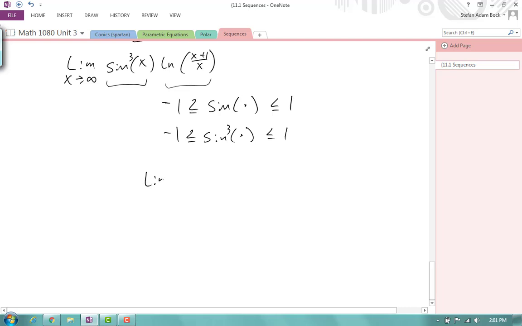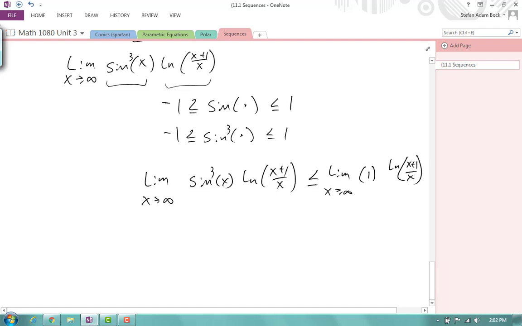So the limit as x goes to infinity of sine cubed of x times the natural log of x plus 1 over x should be less than the limit as x goes to infinity of a 1 times natural log of x plus 1 over x, and it should be larger than the limit as x goes to infinity of a negative 1 times the natural log of x plus 1 over x.